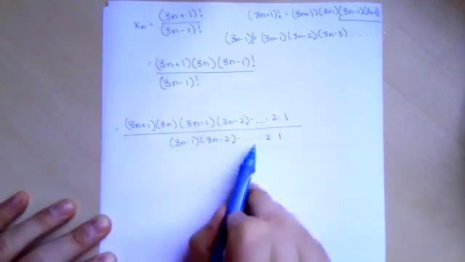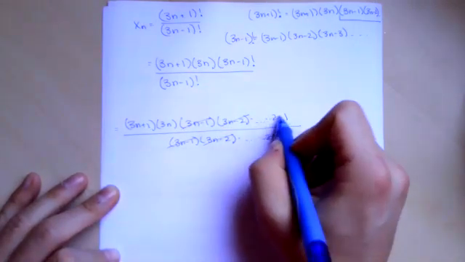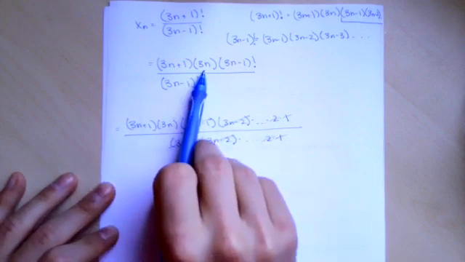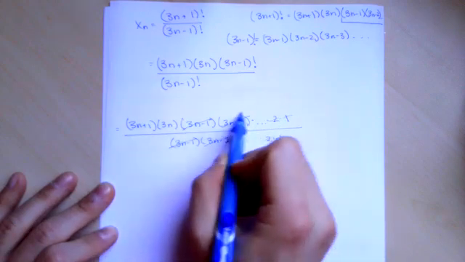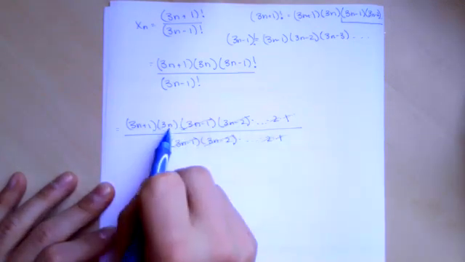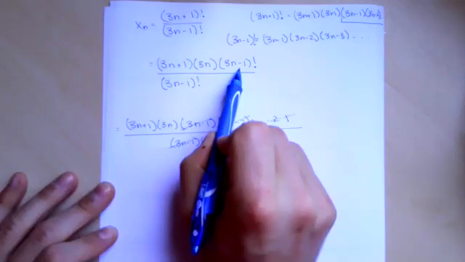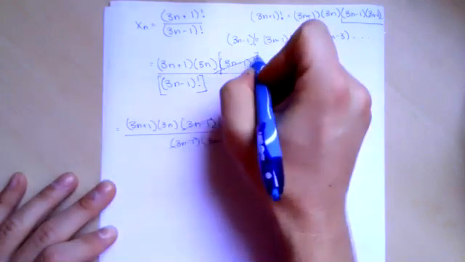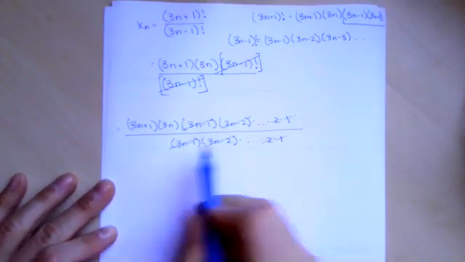So you can write it all out if you want and then recognize that everything in the denominator is going to cancel, and the only thing left in the numerator is this guy, 3n plus 1 times 3n. Or if you start to get comfortable playing around with these guys, you can recognize that all of this expression that I had left in the numerator, once I factored out these first two expressions, I can shorthand that by 3n minus 1 factorial. Then that whole quantity will cancel with the whole denominator, essentially like we did in this step here.